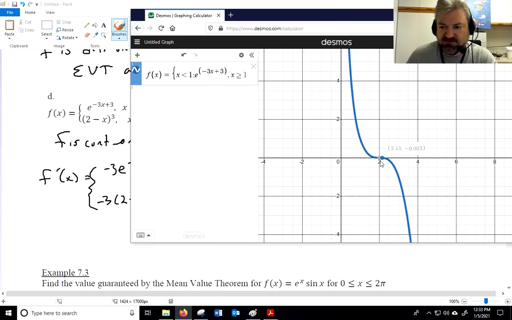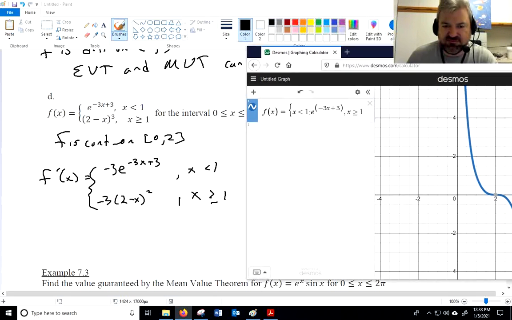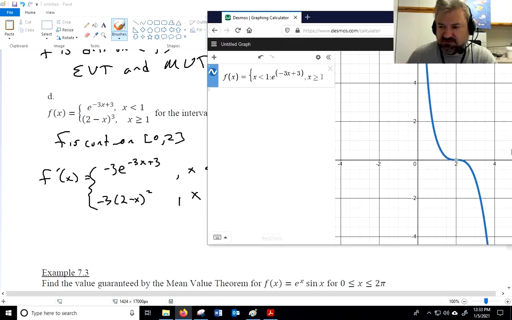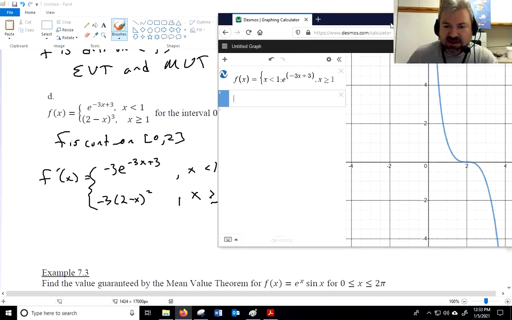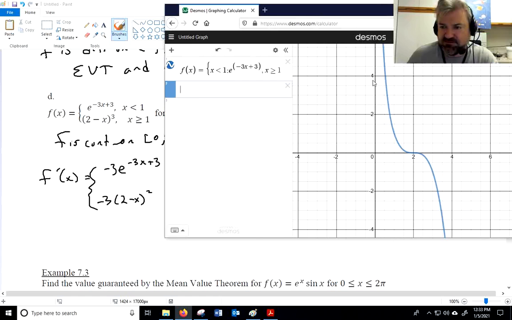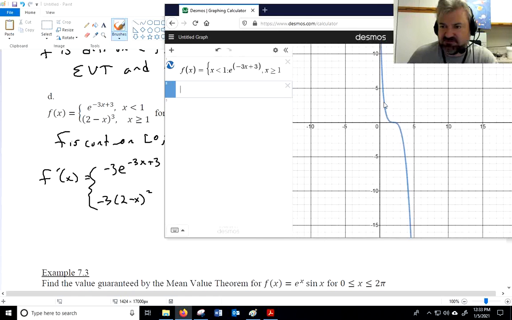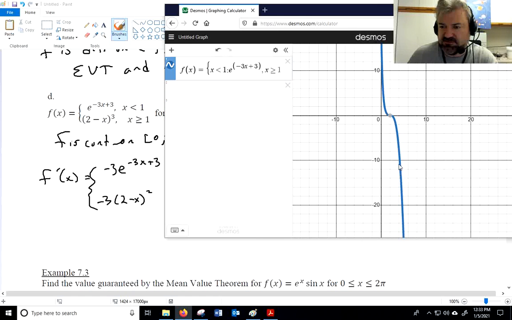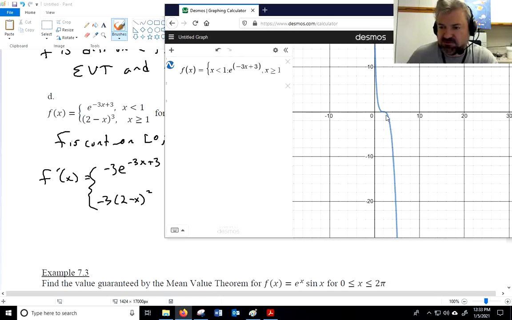And you can see that we have a horizontal tangent line, it looks like, at x equals 2. At x equals 1, that's where we're switching, right? But the slope is still the same. So we know that we should have an absolute max and absolute min on the interval from 0 to 2. Definitely somewhere way up here, and then somewhere it looks like 0 on the 2.